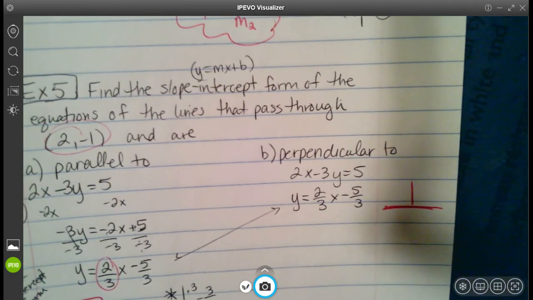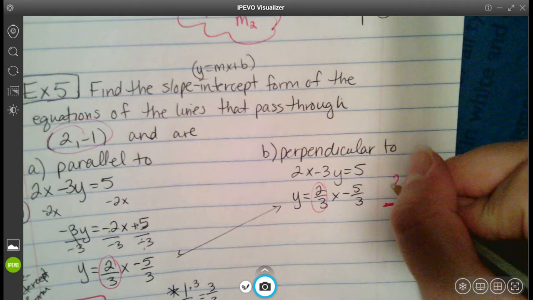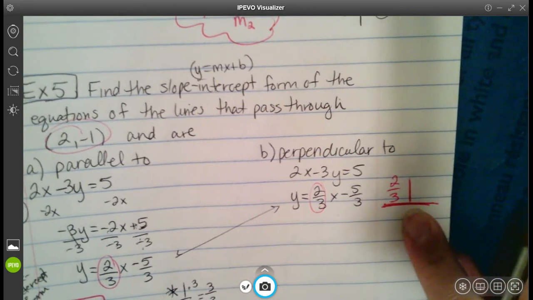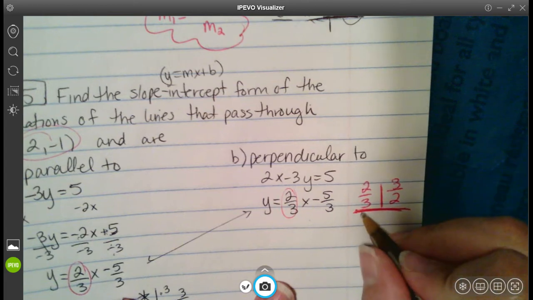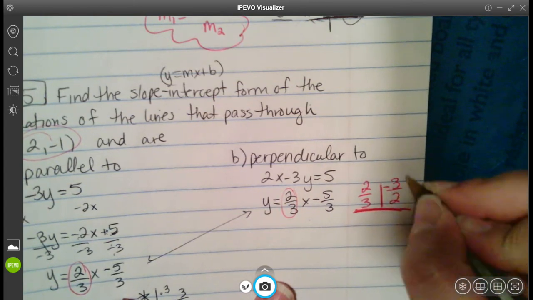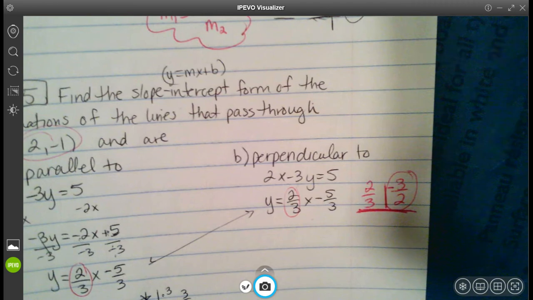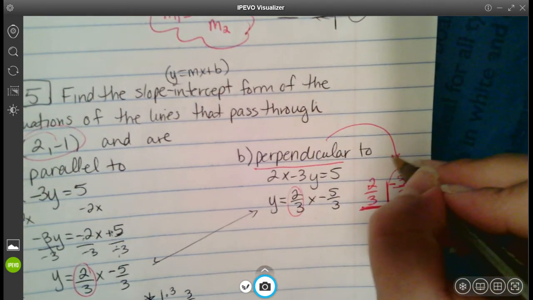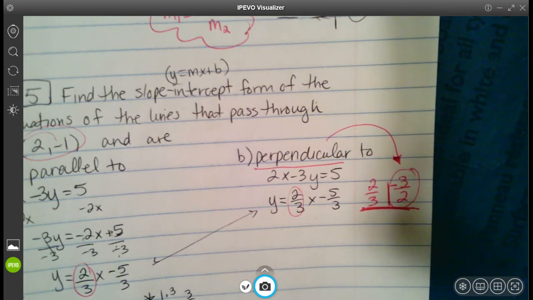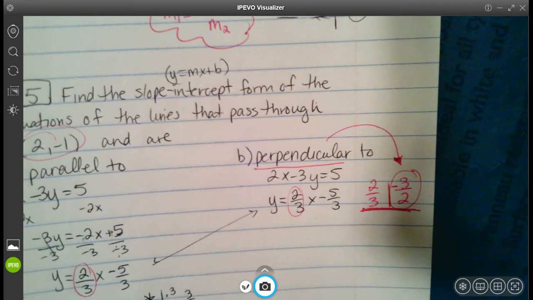Okay, and the slope was 2/3, so 2/3. So if I flip this, I'm going to have 3/2, and I have to make it negative. So this is the slope I'm going to be working with now. This is the slope that would be perpendicular to the original line, meaning make a perfect 90-degree angle with it. A little bit of geometry in there.